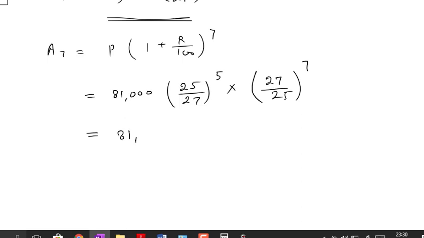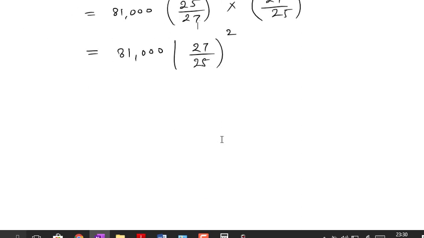So it will become 81,000 multiplied by this 27 upon 25. I will write 27 upon 25 the whole power 2. Okay, right? So 27 power 2 is remaining, as this will cancel, and here in the denominator 25 power 2 is remaining. So 27 upon 25 the whole power 2.